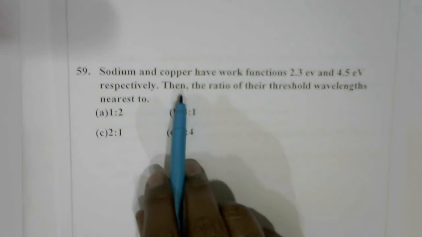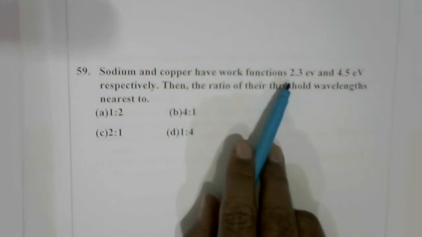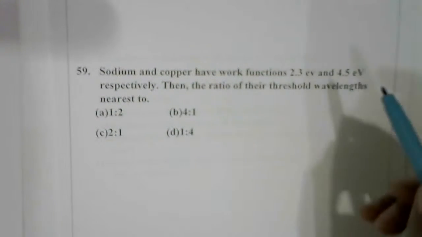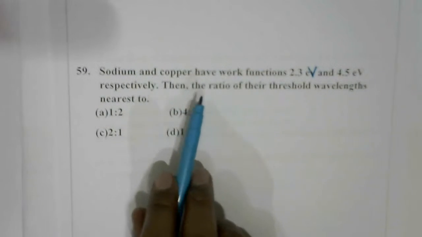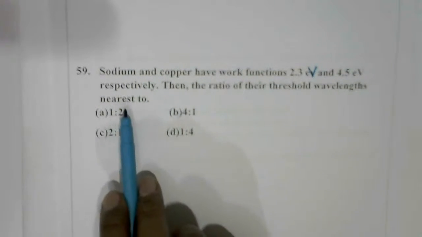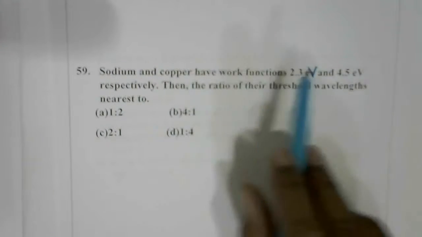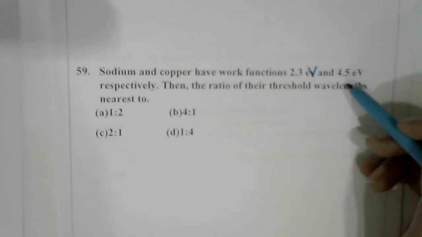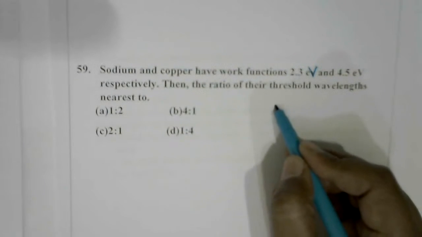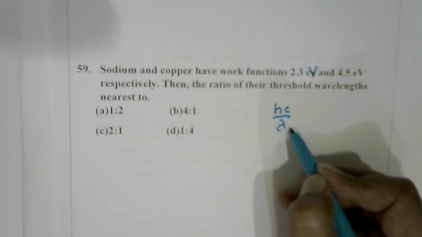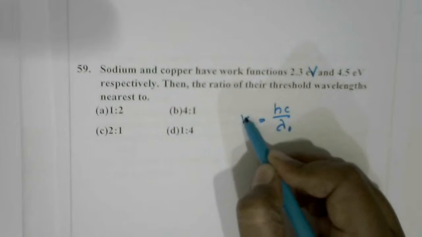Sodium and copper have work functions 2.3 electron volt and 4.5 electron volt respectively, then the ratio of their threshold wavelengths is nearly. You just have to make it inverse, because threshold wavelength means hc by lambda not. The work functions are already given.